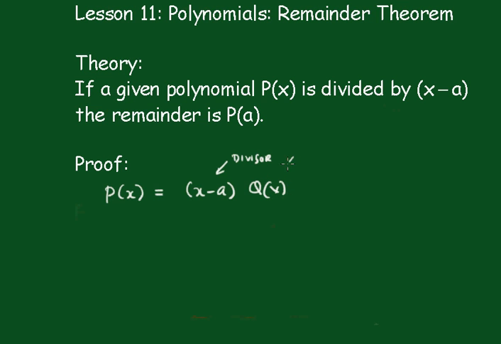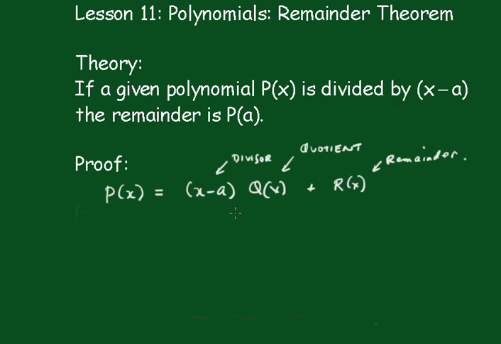We call that the quotient, whatever we get when we divide, plus we'll call this the remainder, r(x). It's the remainder. Next, it will be a constant. We'll come to that later.